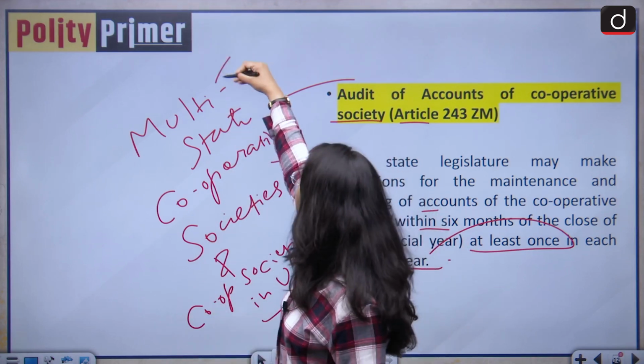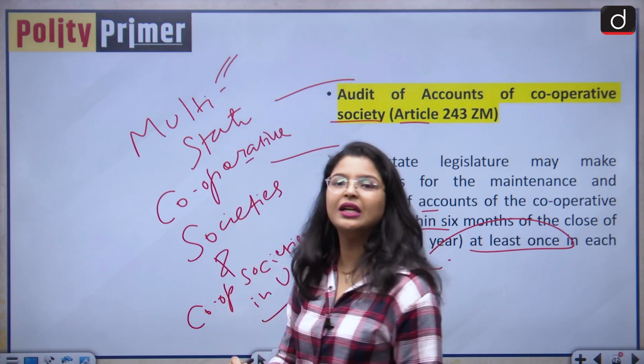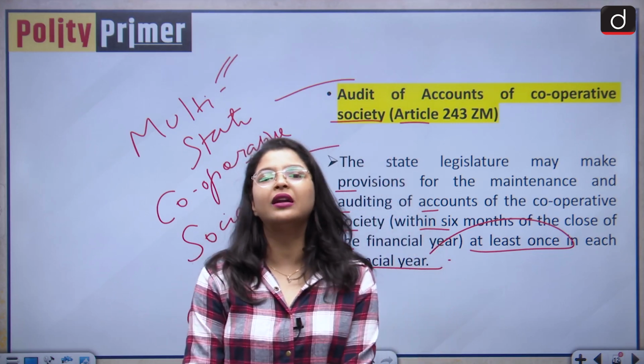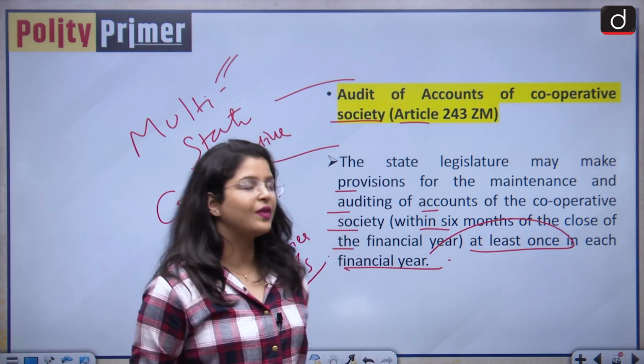So basically they are applicable on the multi-state cooperative societies and the cooperative societies that are functioning in the union territories as well.